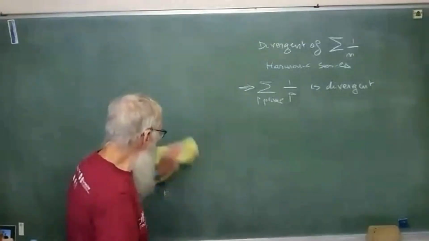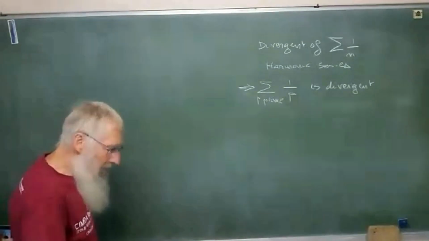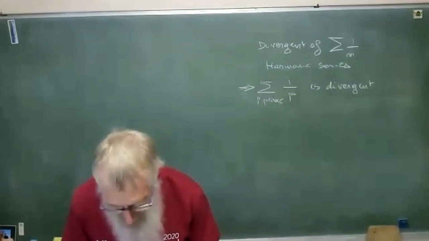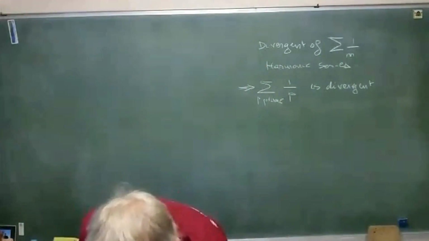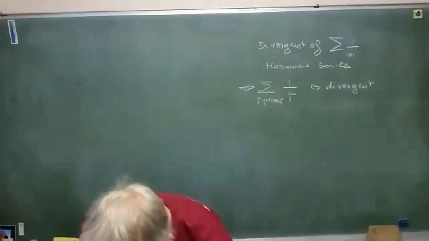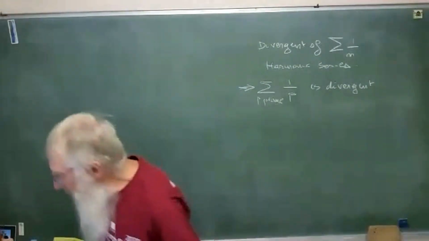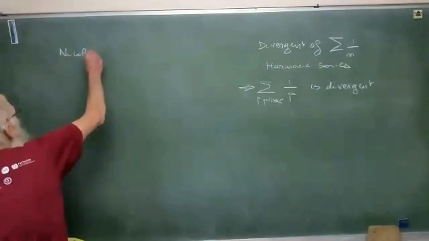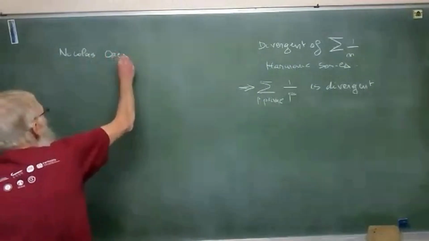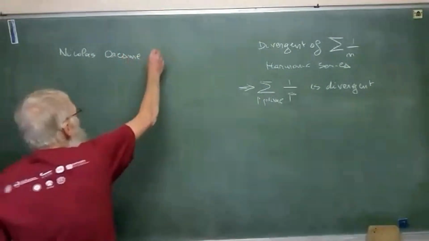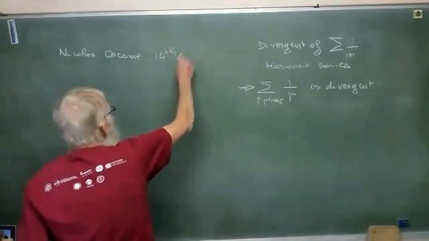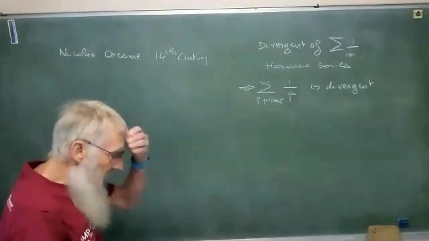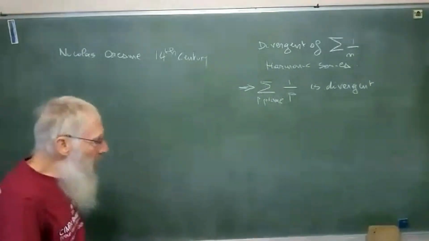There are several proofs of the divergence of this series, but one of the early proofs which I like is due to Nicolas Oresme, who was living in the 14th century. And the proof of the divergence of the series is the following.